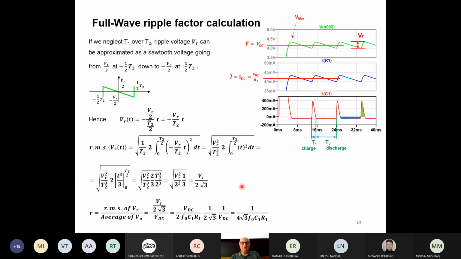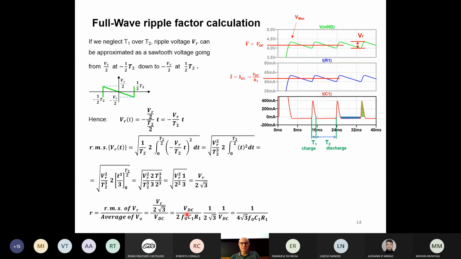Now we can take all the different parts. We have the root mean square, and we want to calculate the ripple factor. The root mean square of VR, we copy it, and we have to divide by the average of the output voltage, VDC.